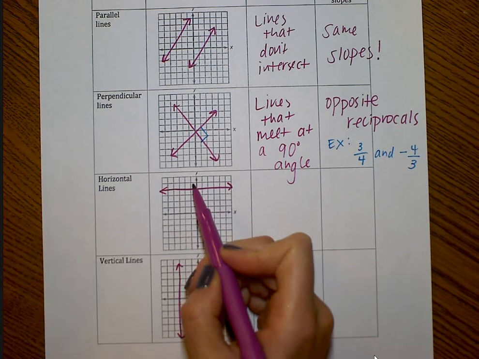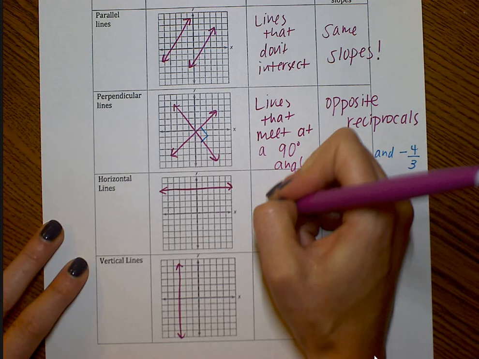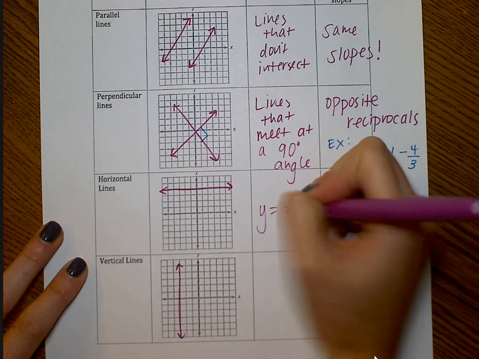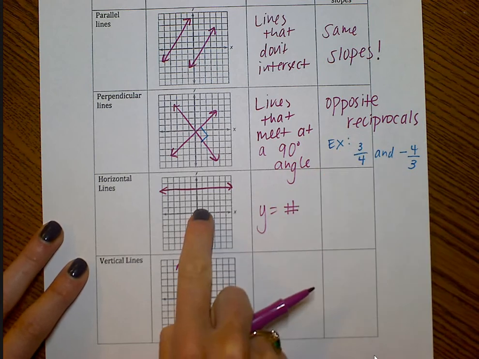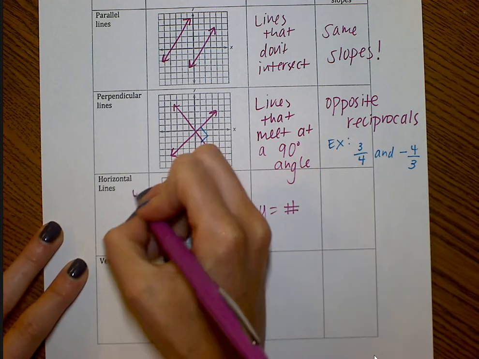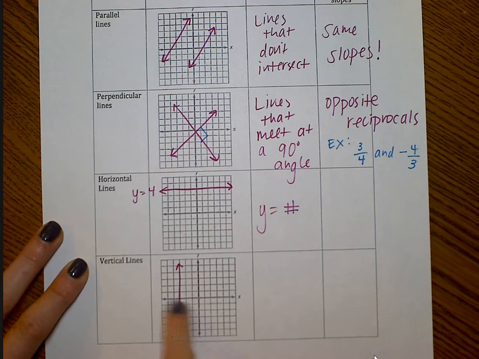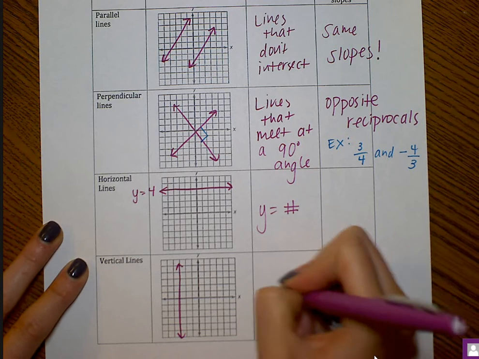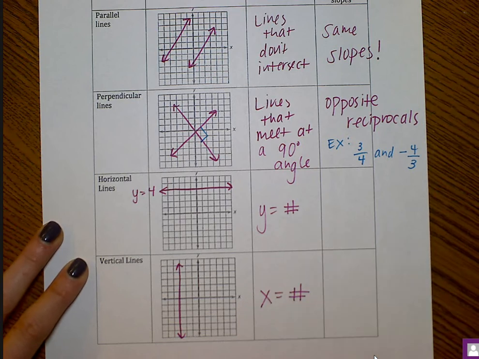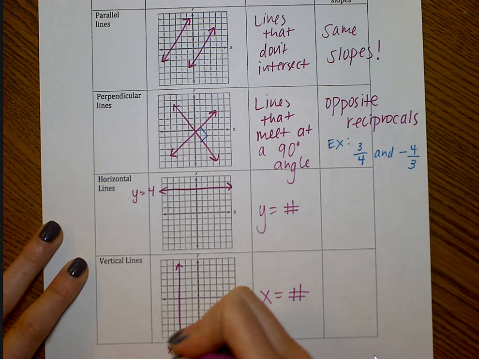So these lines are like y equals some number. Like this would be the line y equals 4. Vertical lines go the same way as the y-axis. So the opposite of that, they're like x equals some number. And this would be the line x equals -3.